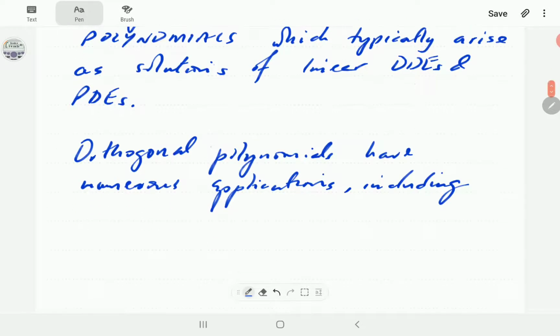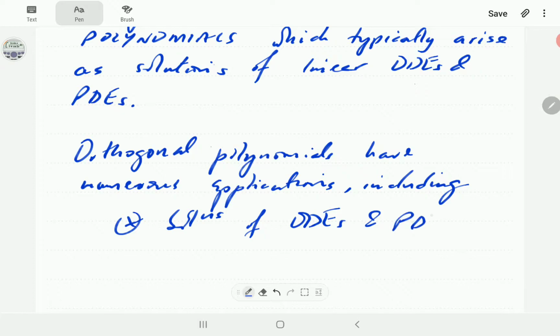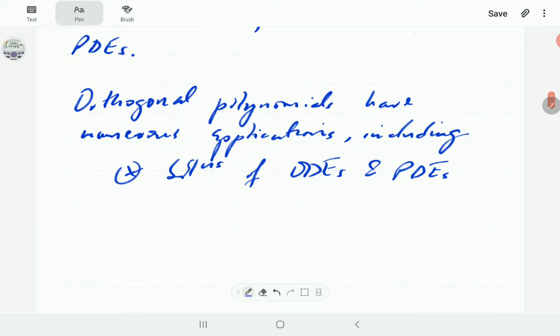We've already said that they arise as solutions of ODEs and PDEs. Just like we've encountered sines and cosines and exponential functions, which are solutions to some standard ODEs.